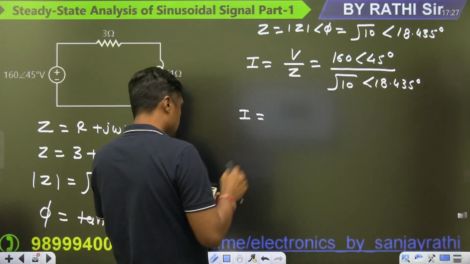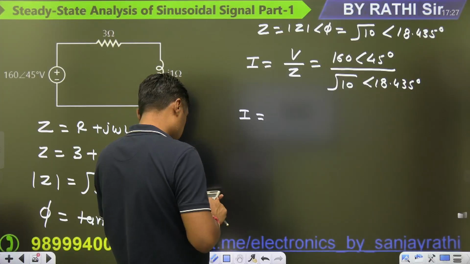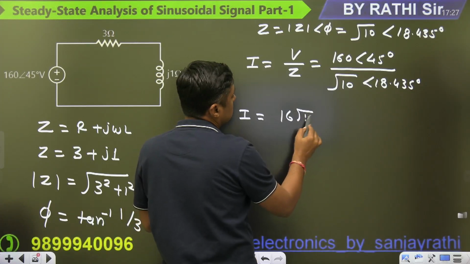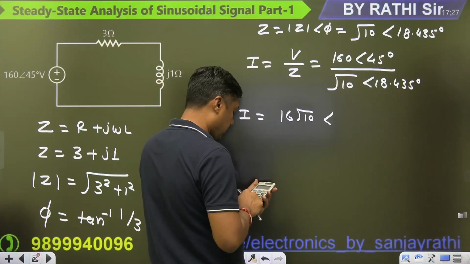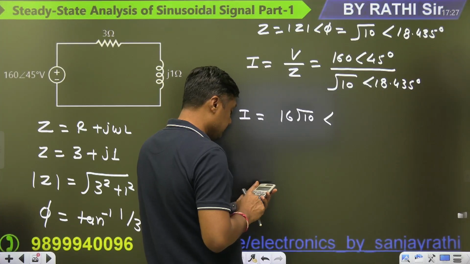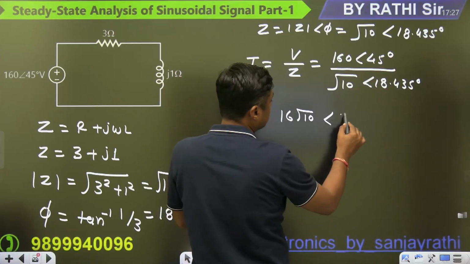I will become 160 divided by root 10, that is 16 root 10, angle 45 minus 18.435, that is 26.565.